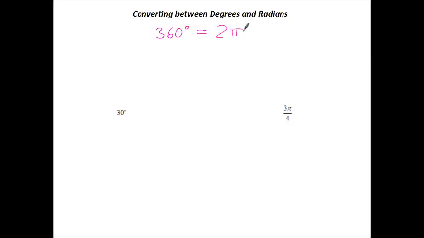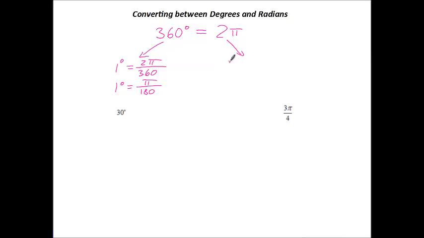And that's the equality that we use to convert. Because if 360 degrees is equal to 2 pi, what does that mean for 1 degree? 1 degree is equal to 2 pi divided by 360. And we can clean this up and simplify, and we get 1 degree is equal to pi over 180.